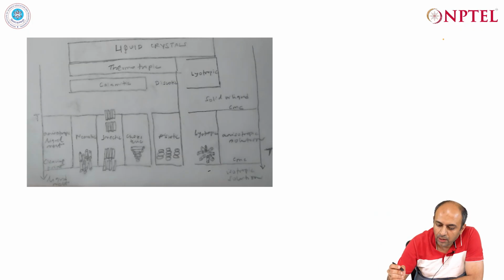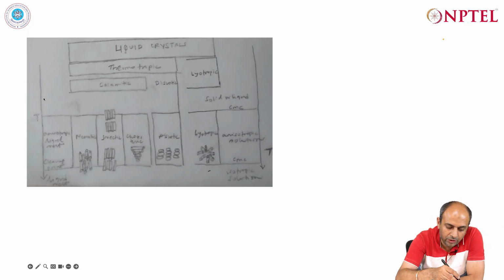So, if you look at this particular diagram, it essentially talks about the existence of different liquid crystalline states or phases as a function of temperature. You see here this is the temperature axis, and these are the different phases which are formed.